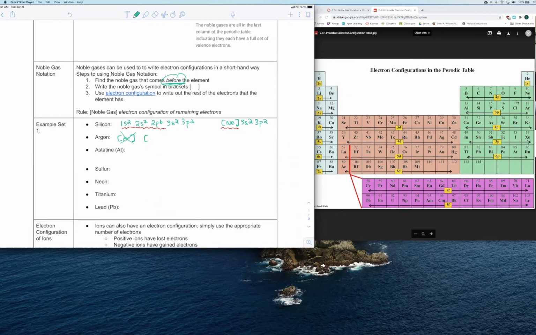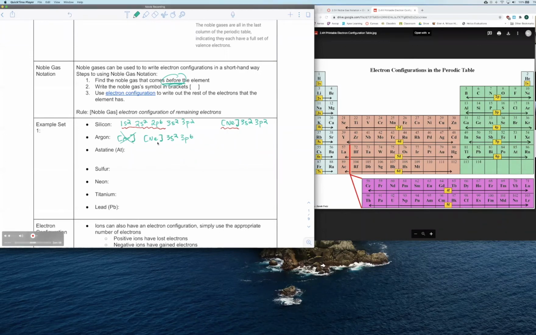So I'm going to write out bracket neon, and then keep writing out the electron configuration. I would have 3s2, and then 3p6. So this would be argon's electron configuration.